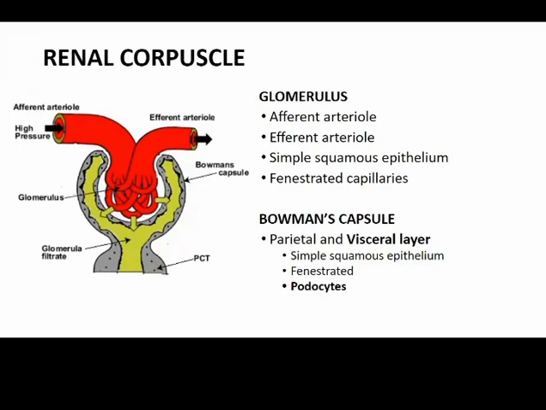And then the Bowman's capsule has the parietal and visceral layer, which contains the simple squamous epithelium, also with fenestrated capillaries and the podocytes. Podocytes are the foot processes in the kidneys, in the Bowman's capsule.